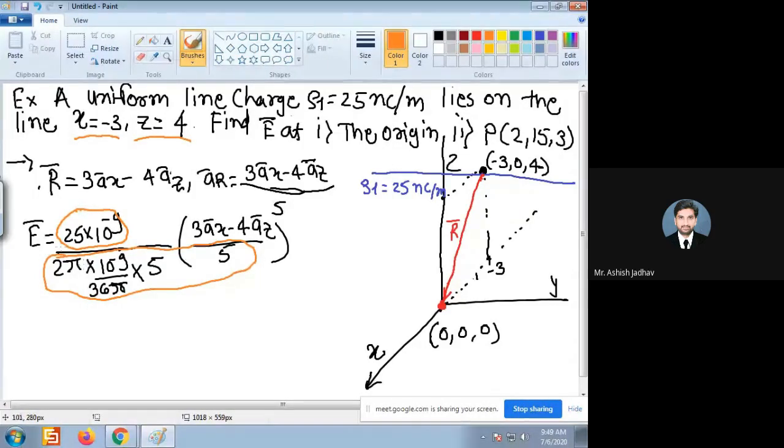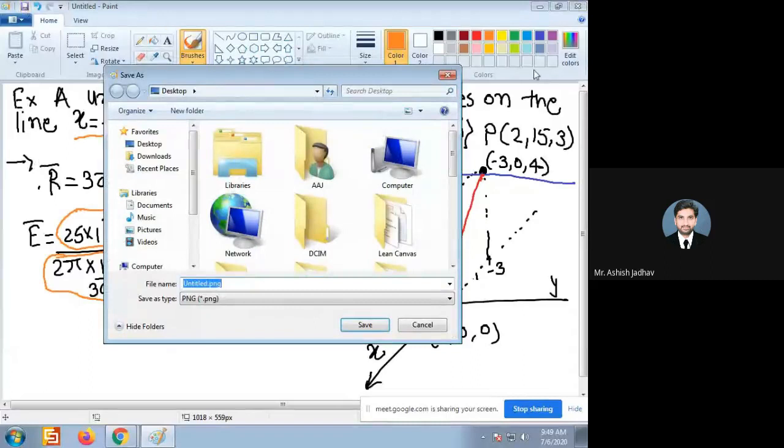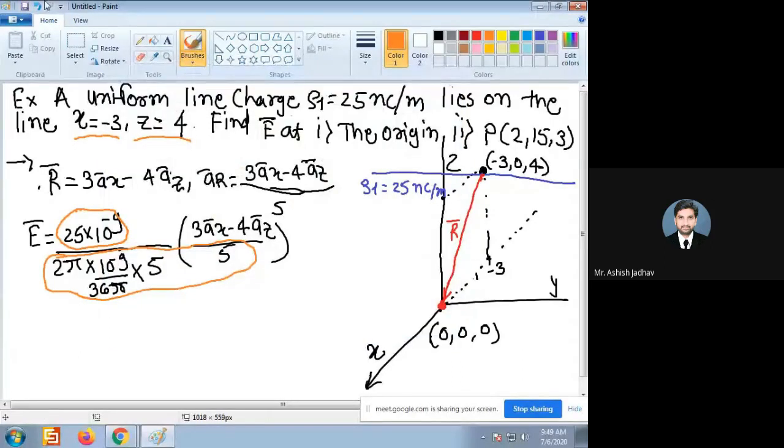So what electric field intensity are you getting? E bar is equal to... I will give you the answer for verification. E bar is equal to 54 a bar x minus 72 a bar z. The unit of this is volts per meter.